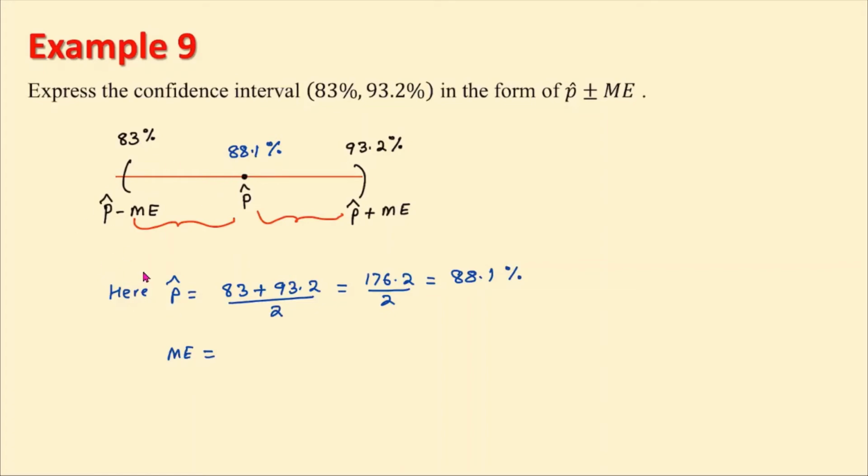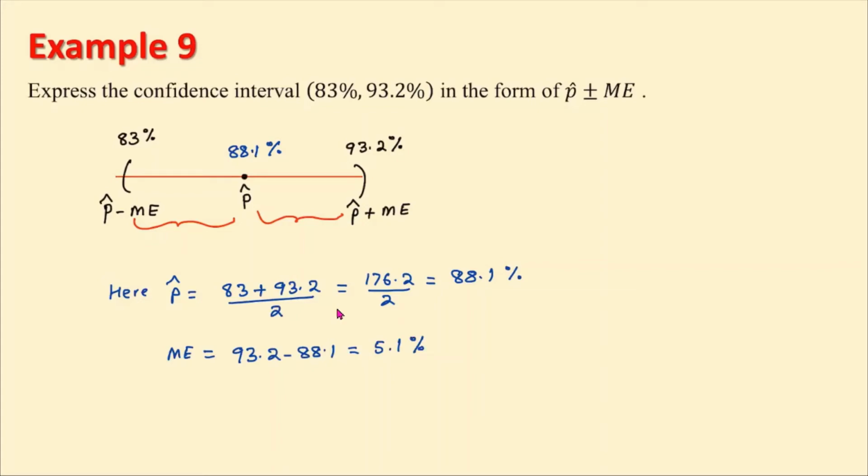Either way works. So let's do 93.2 minus 88.1, which is equal to 5.1%.